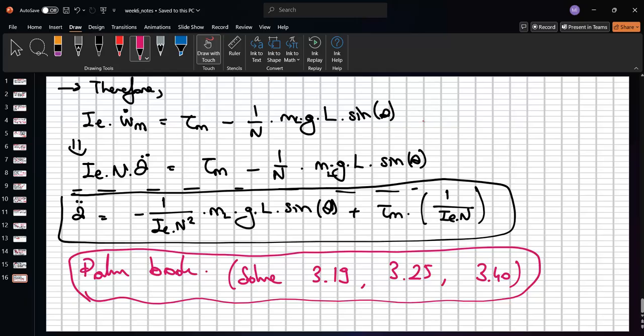We have two equations here, and we can easily simulate them. For example, you can either simulate this value or that value. This is your option, but this is a huge advantage of building the mechanical system based on equivalent inertia. We can convert any variable to another one by using this property.